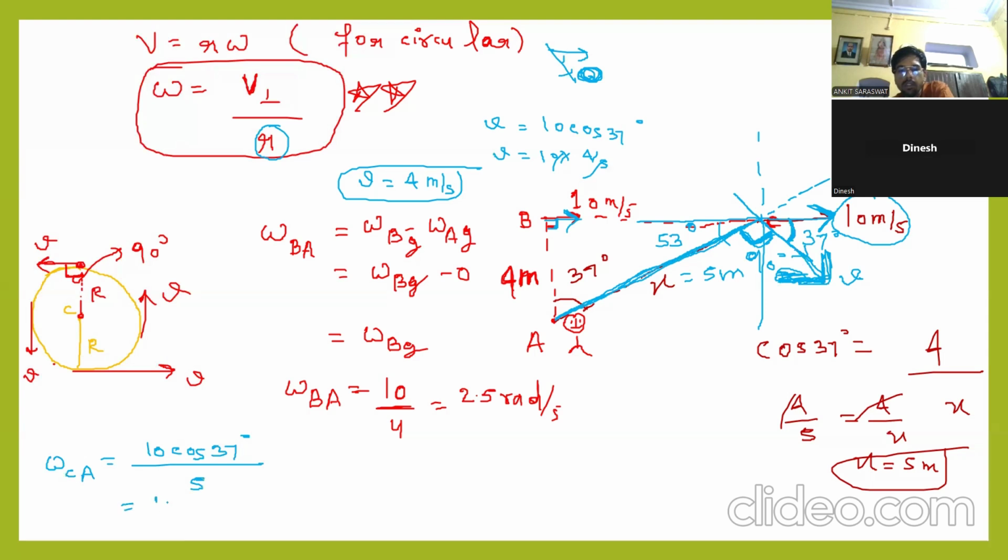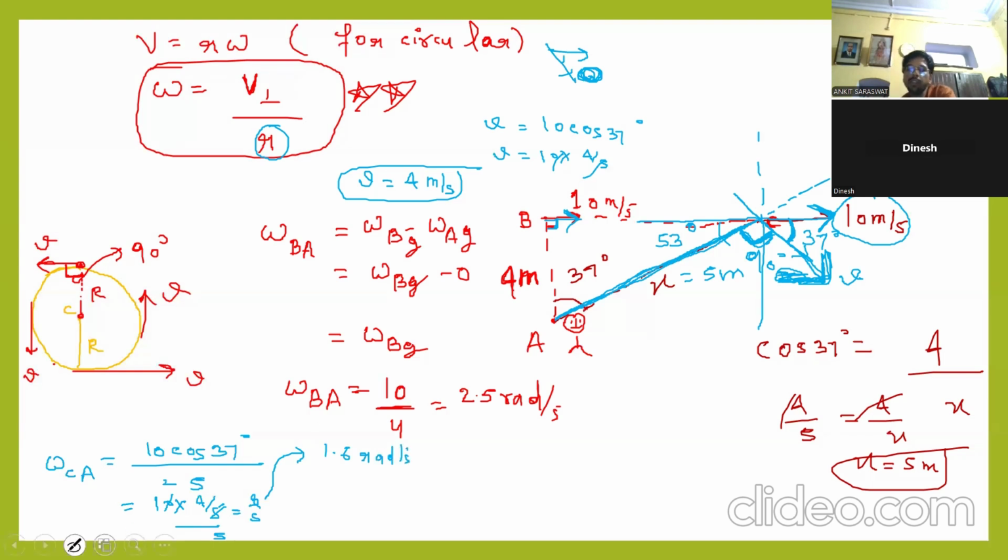So the answer: cos 37 is how much? Tell me. Sir, cos 37 is 4 by 5. 1 minute, sir. 5 twos are 10, and there is one more 5. 8 by 5, how much is that? 1.6 radian per second.